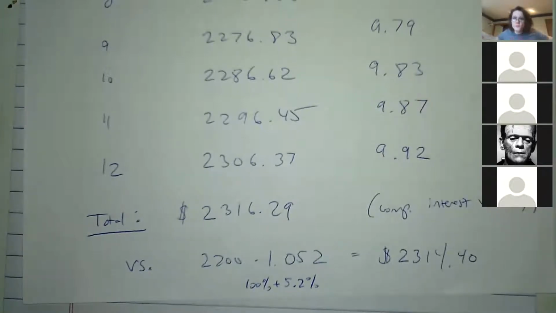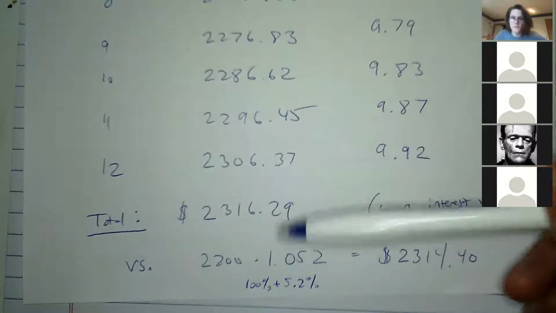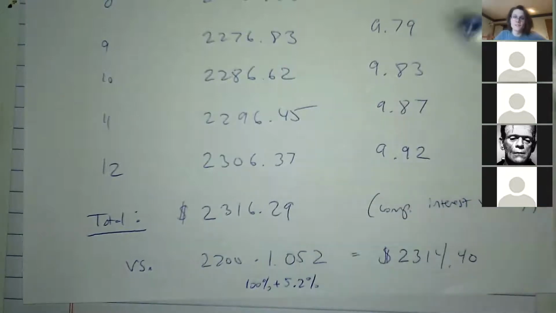Now, if we had a huge principal, if we had like $3 million in here gaining 5.2% interest, we would obviously want more compoundings than one. You'd have much more money if you had a bigger principal. Since we only had 2,200, it's not as much, all right? Anyway, that's what we ended with last week.